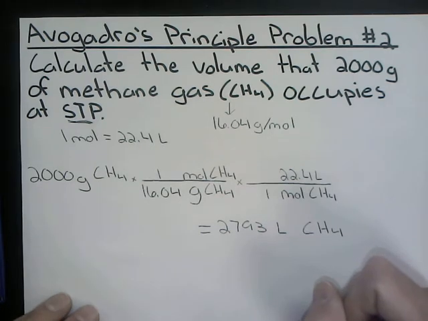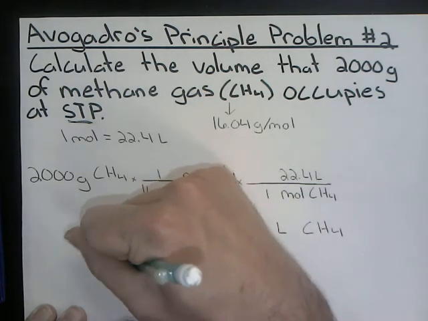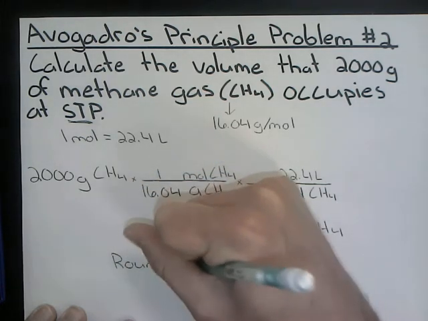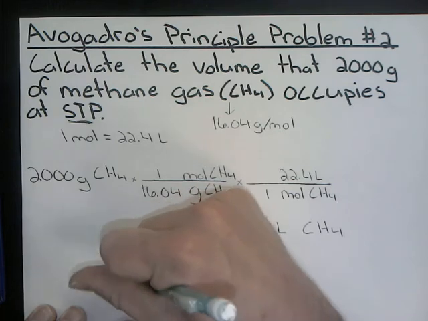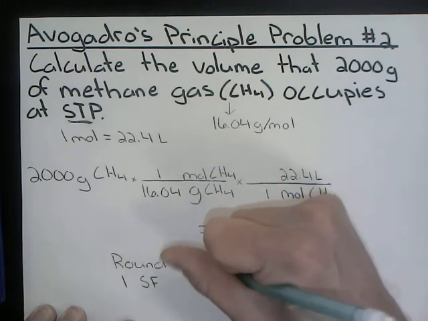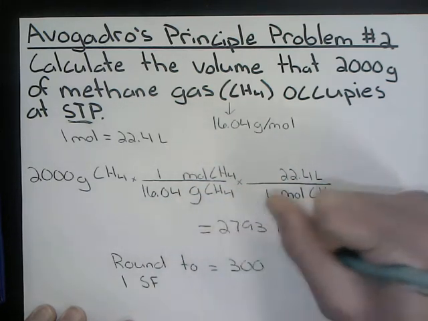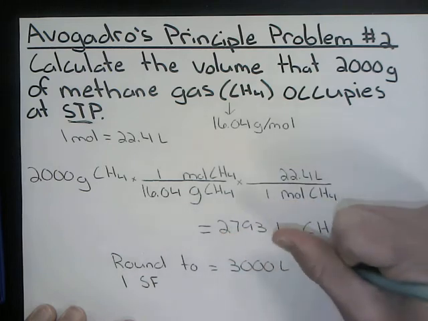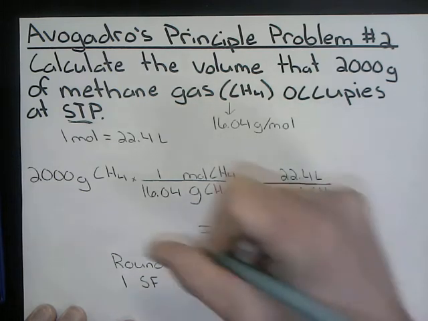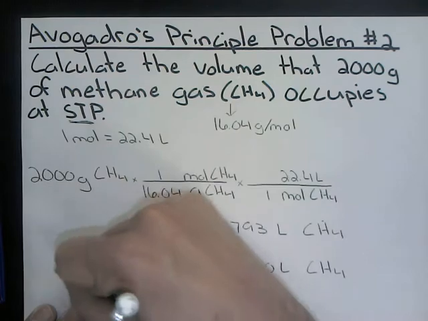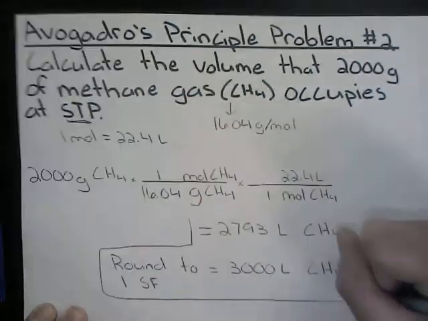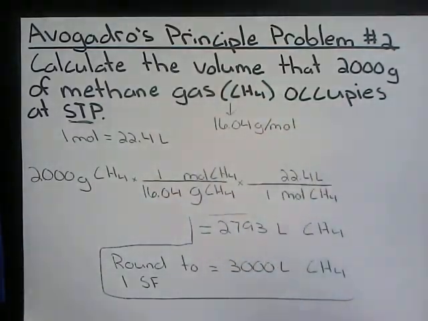Now, you may see this rounded to 1 significant digit, and if we round this value to 1 sig fig here, it would round to 3,000 liters of CH4. All right, so that's how we would go from grams to our liters.